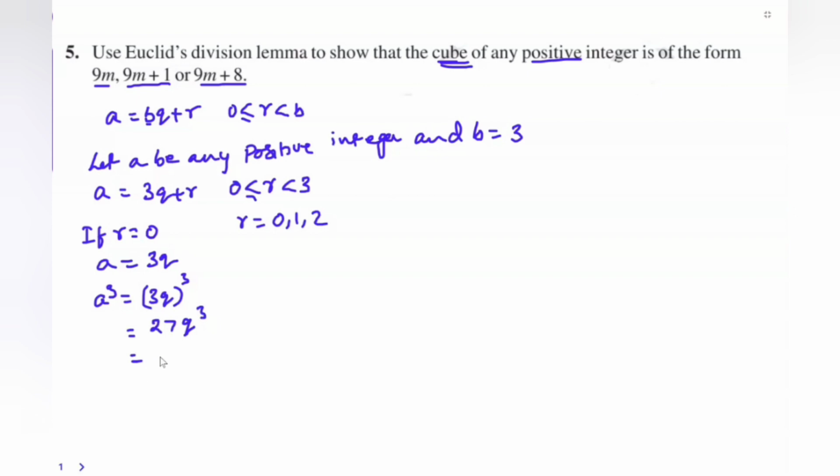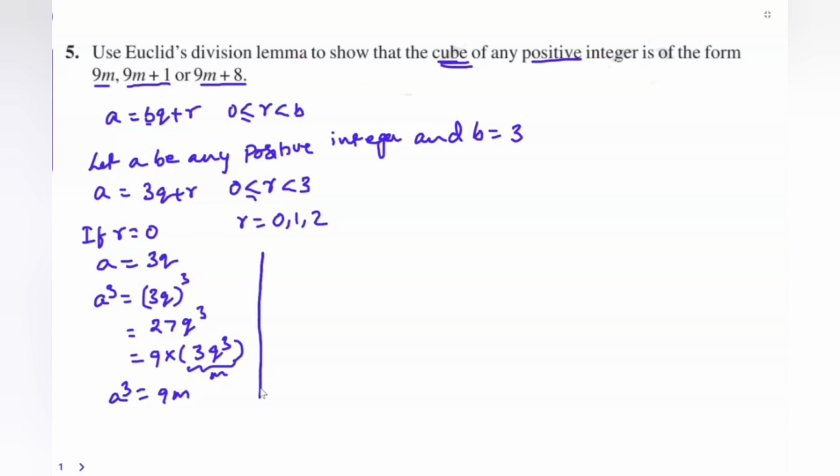You can also write it as 9 into 3q cube. Let us assume this as some integer m, so you will get 9m. So a cube is equal to 9m, that means the cube of a number is of the form 9m.